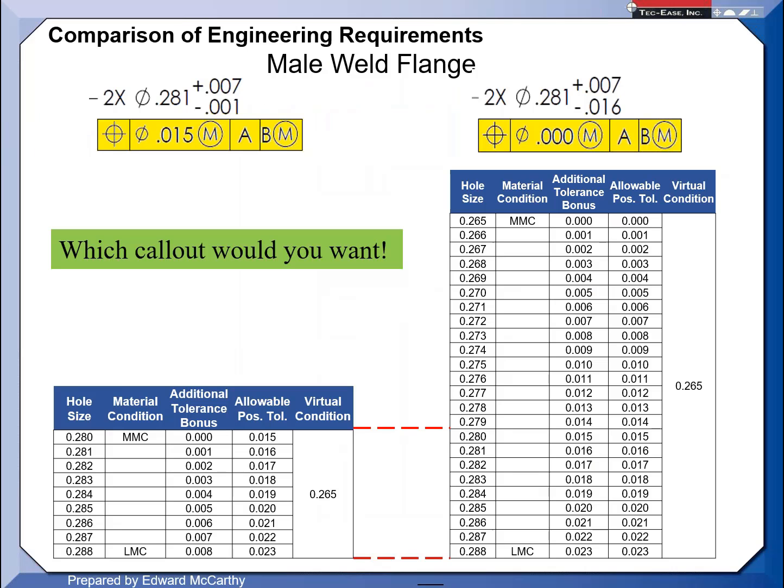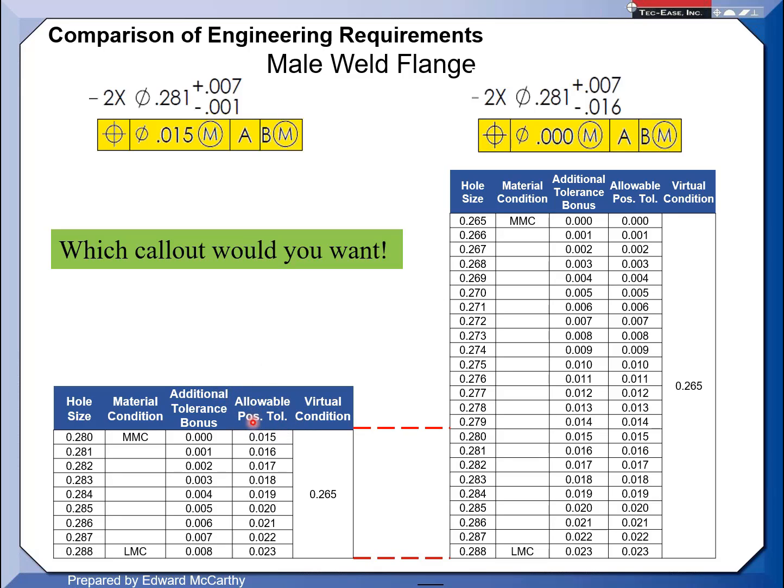Yes, the allowable position tolerance column is a little... I didn't get it until I figured, oh, you included the position tolerance in that, so it's the total tolerance. Yeah, so you're right here.